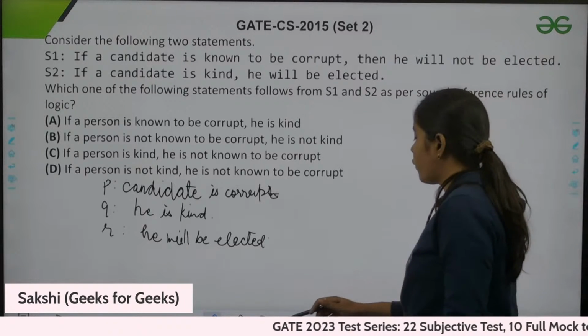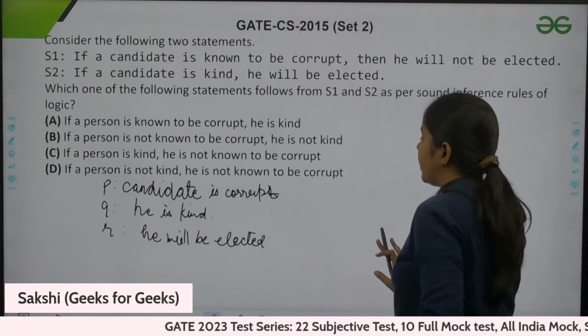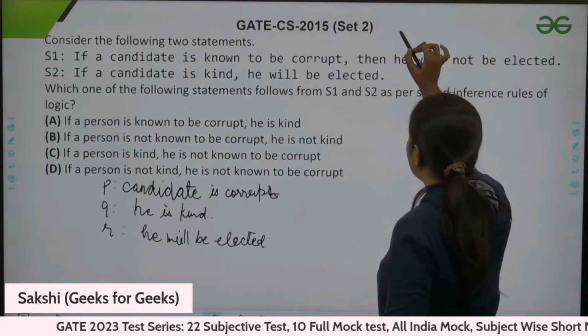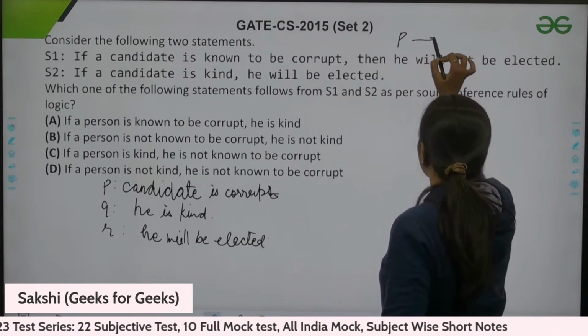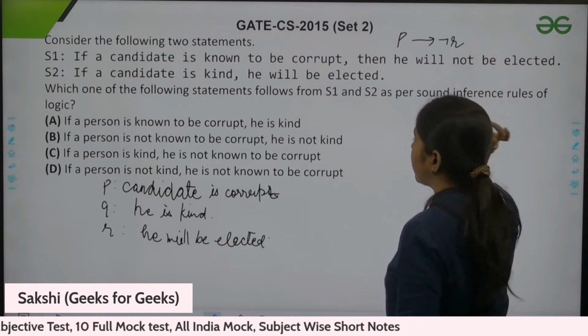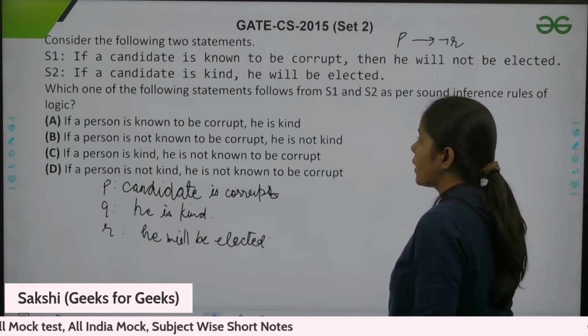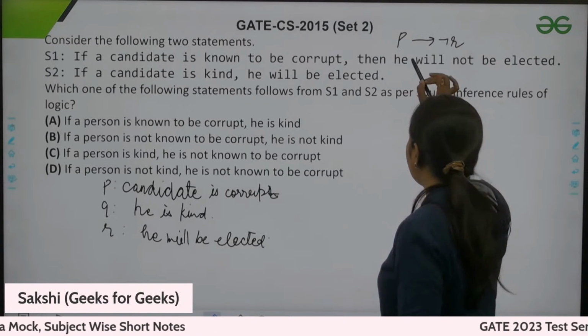Okay, so if you will see this, it is saying that if a candidate is known to be corrupt, that means P, then he will not be elected. That means P implication negation of R, right? If a candidate is kind, then he will be elected.